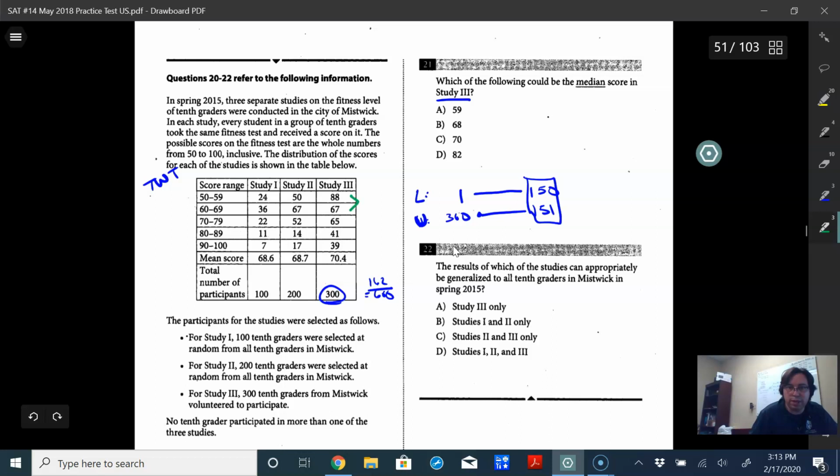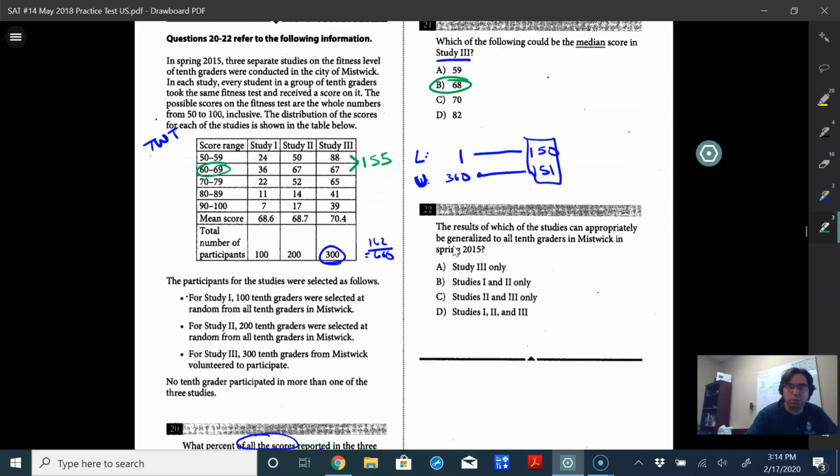Between these two, 88 plus 7 is going to be 95, and 95 plus 60 is going to give me 155. So I can see that the numbers 150 and 151 will fall in this range of values. So it has to be 60 through 69. Therefore, the answer choice has to be B there.